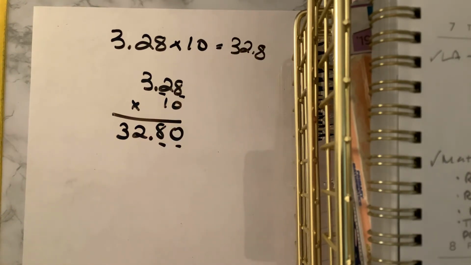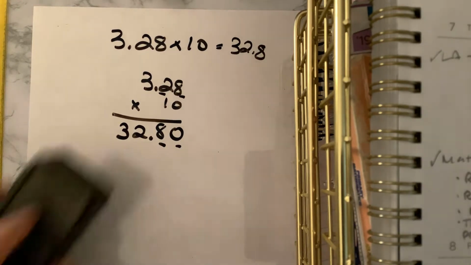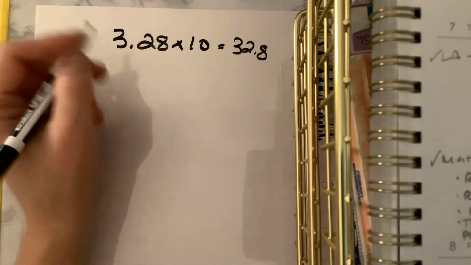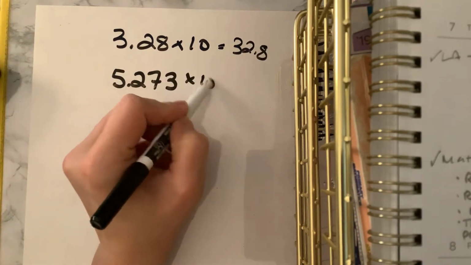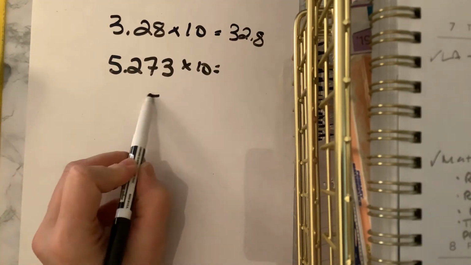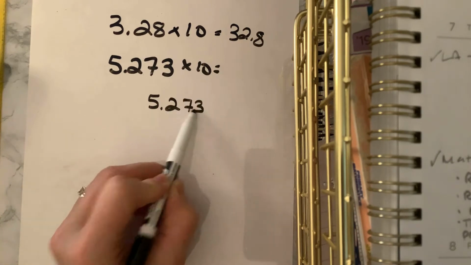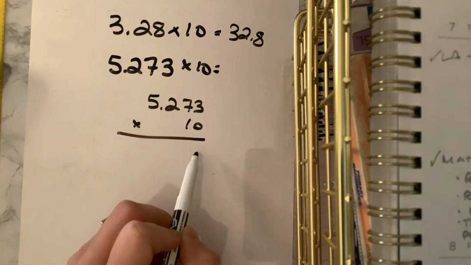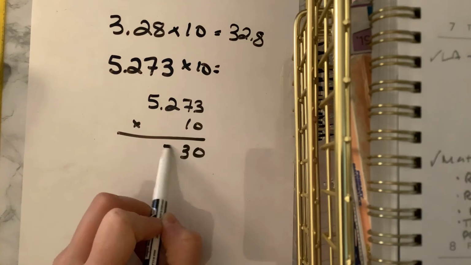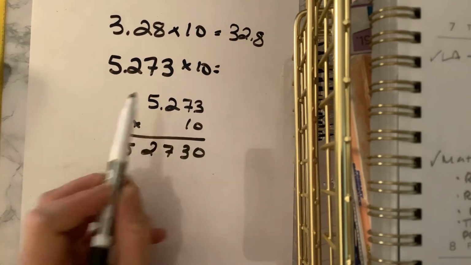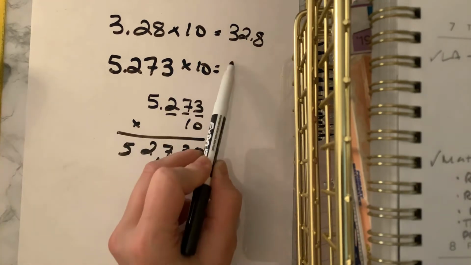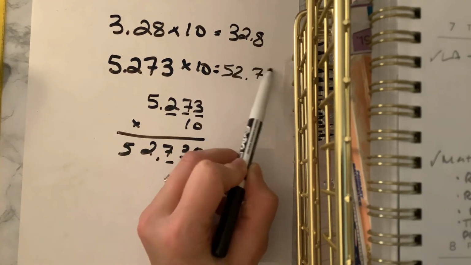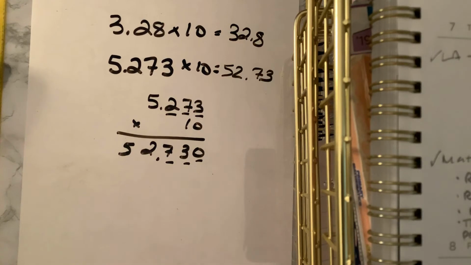Okay, let's try another one. Let's do 5 and 273 thousandths times 10. So again, we're just going to write it out and then do our multiplication. So we find that we get 52 and 73 hundredths.